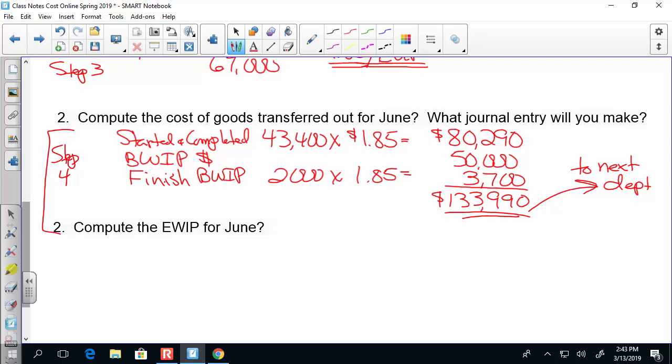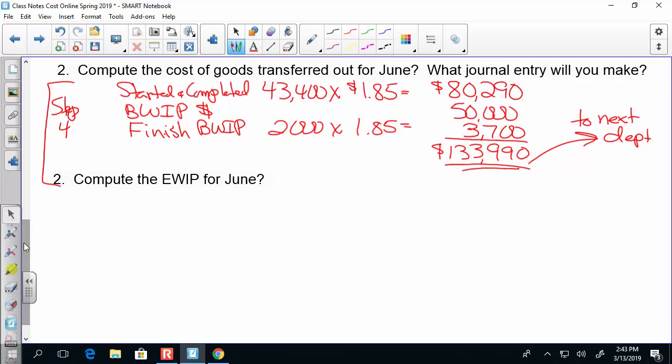Now to wrap up the split, right, that's what was transferred out. Our ending WIP, as far as what was done, was 21,600 equivalent units times $1.85 gives us $39,960.